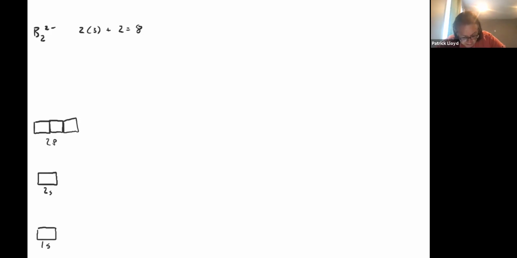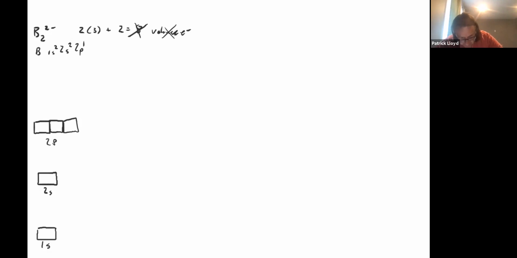Boron is 1s2, 2s2, 2p1, right? Oh, I'm sorry, those are the number of valence electrons. So I'm wrong about this because we don't want to do valence electrons, because they gave us the core as well. They said explicitly in the instructions, do the core.